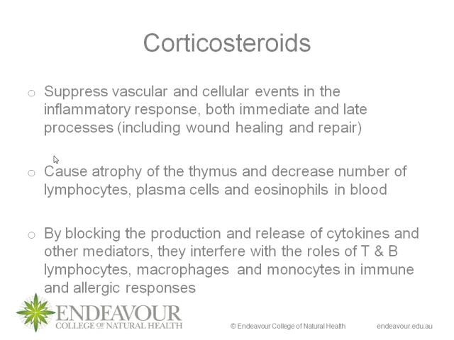By that action of blocking prostaglandins and leukotrienes, they interfere with the roles of both the T and the B lymphocytes. Not only do they reduce the number of the monocytes and thereby the macrophages, they also affect their actions by blocking the production of the cytokines. These lymphocytes and macrophages are involved in immune and allergic responses.